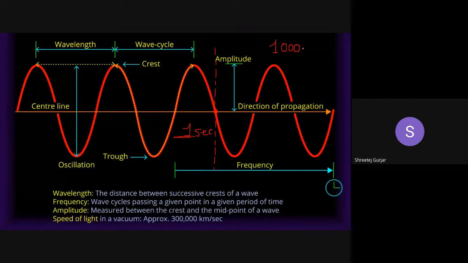So how do we write it? We write it in cycles per second, or one more unit for frequency. What is one more unit that you represent frequency in? Cycles per second is 1 unit. One more common unit for frequency.